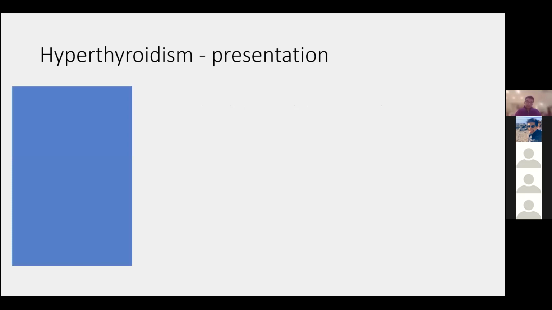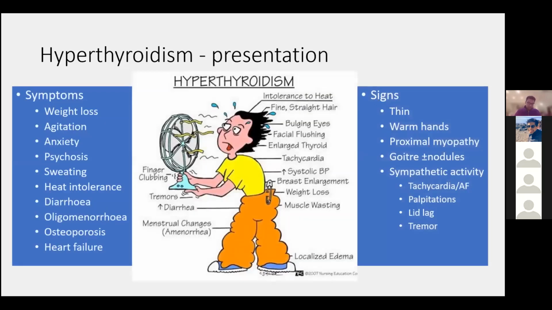How does hyperthyroidism present? So the exact opposite of hypothyroidism, everything in your body speeds up. So metabolism speeds up, causing you to lose weight, and you become very intolerant to heat. Your cardiovascular system speeds up, so you become tachycardic, and you often become anxious with a tremor.